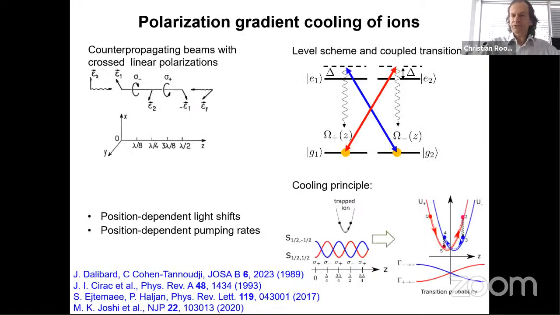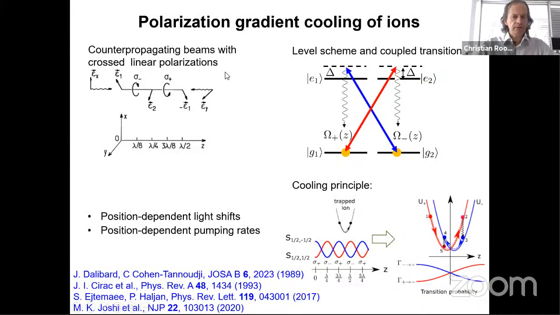Now, a complementary scheme is polarization gradient cooling of ions, and for this you once again need a multi-level cooling system, and a convenient scheme is one where you have two ground states and two excited states. There are other configurations that are possible. And what is being done now is to excite the ions once again with a blue detuned light field.